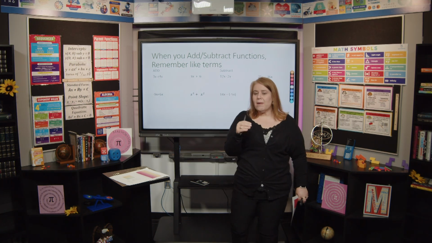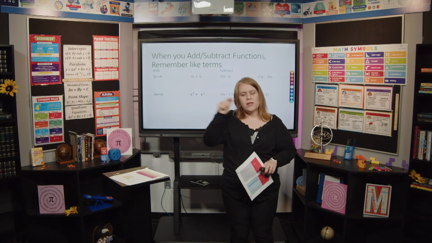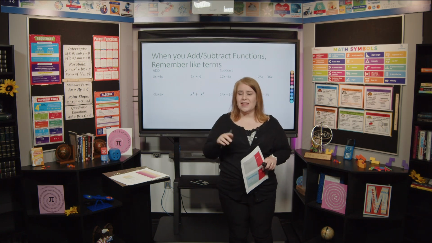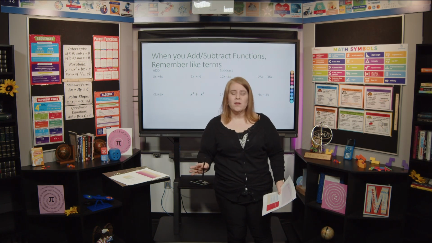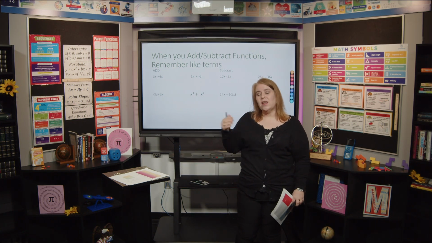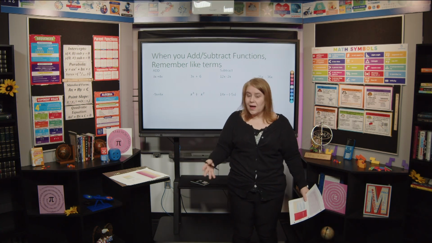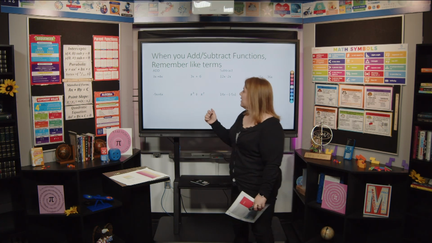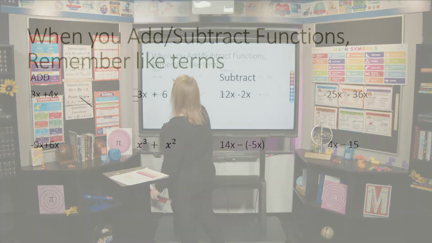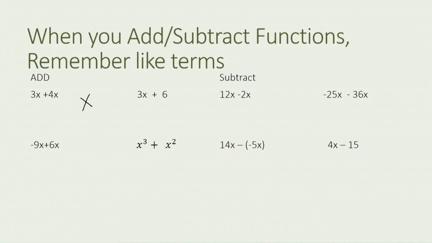Now, you may pick up that calculator and put in 3x plus 4x, and you're going to get a really weird number. Remember, our x is an unknown variable. I can't plug it in the calculator because I don't know what it is. Not yet, anyway. So what I'm going to have to do is keep my x as an unknown variable and add the coefficients. 3 plus 4, obviously, 7x. So yes, I can add that one.